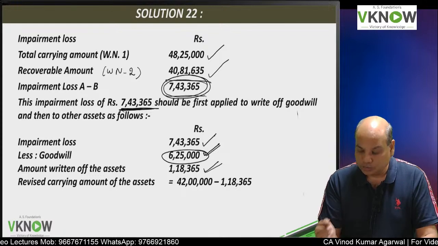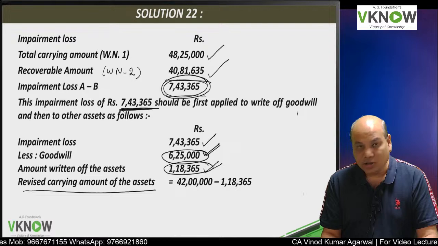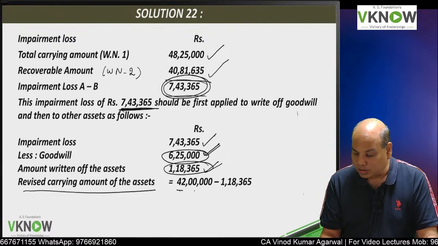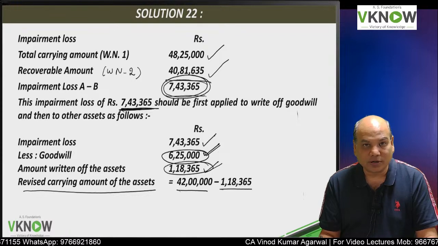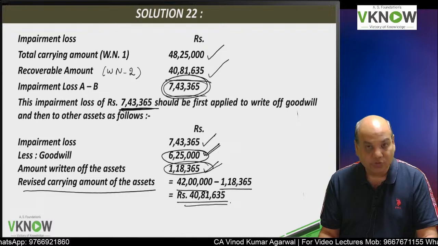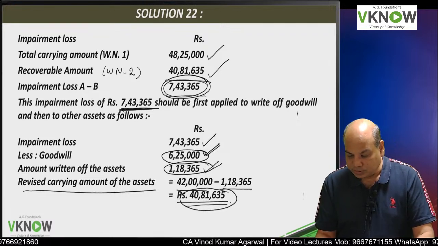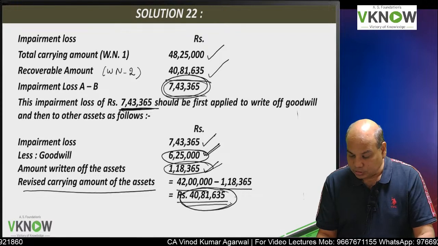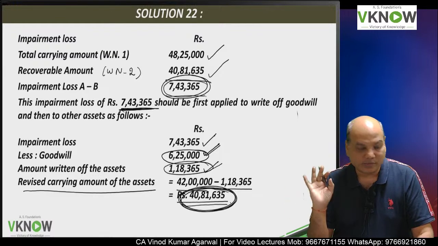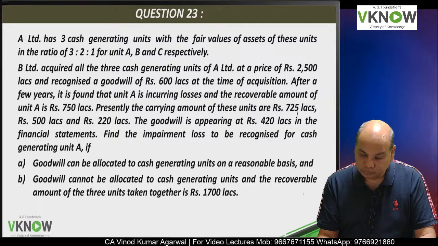After writing off 1,18,365, the carrying amount of the asset will reduce by 1,18,365, and now the carrying amount will be 4,081,635. What about the depreciation? Now this amount will be depreciated over the remaining 7 years and goodwill balance has become 0.